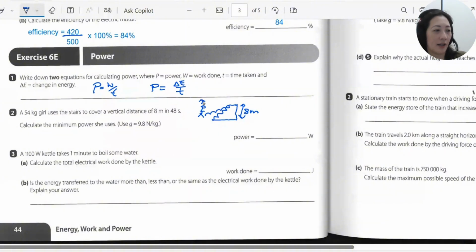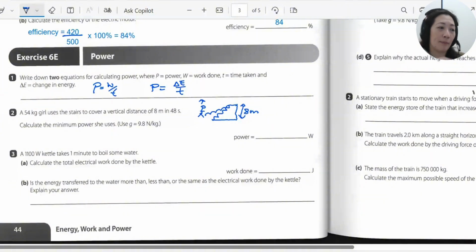So if you look at the distance traveled, the distance has to be in the direction of the force. So that's why we can take the vertical height for her work done. You'll be wondering, isn't she moving at a diagonal? Yes, she is.